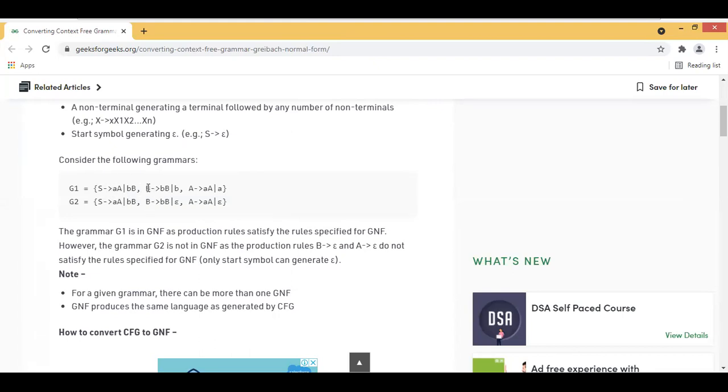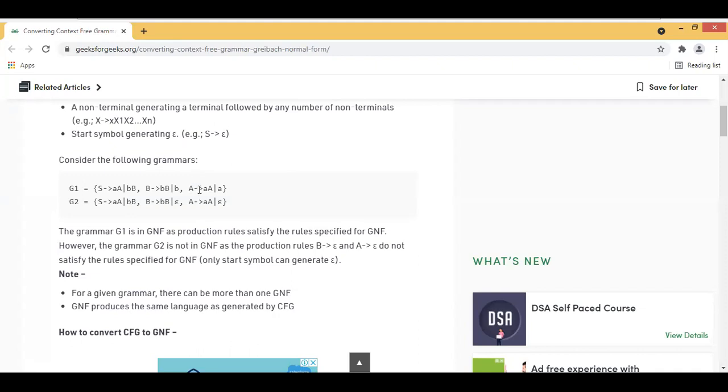And coming to the B, B tends to, again here also starting with the terminal and then followed by any number of non-terminals, and here I have only one non-terminal, it's okay, and it is an acceptable production. Or else B tends to directly small b, and it is also acceptable by the rules of GNF.